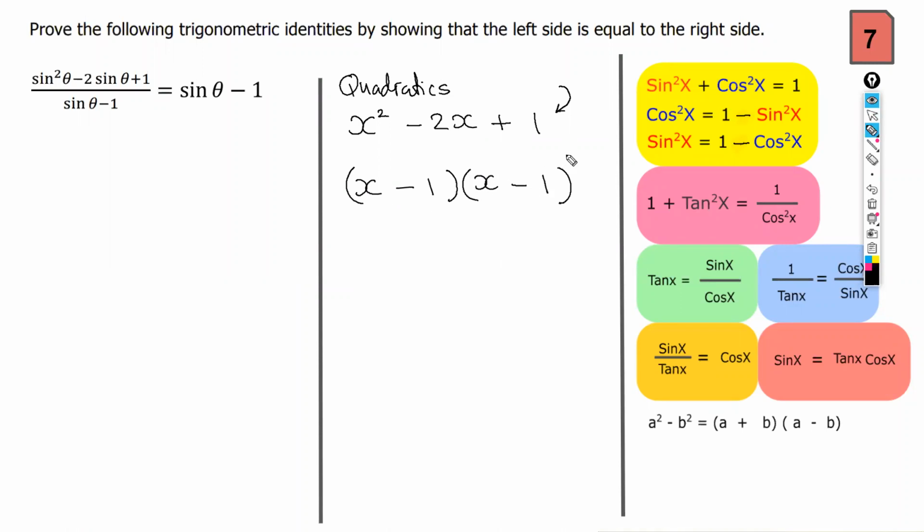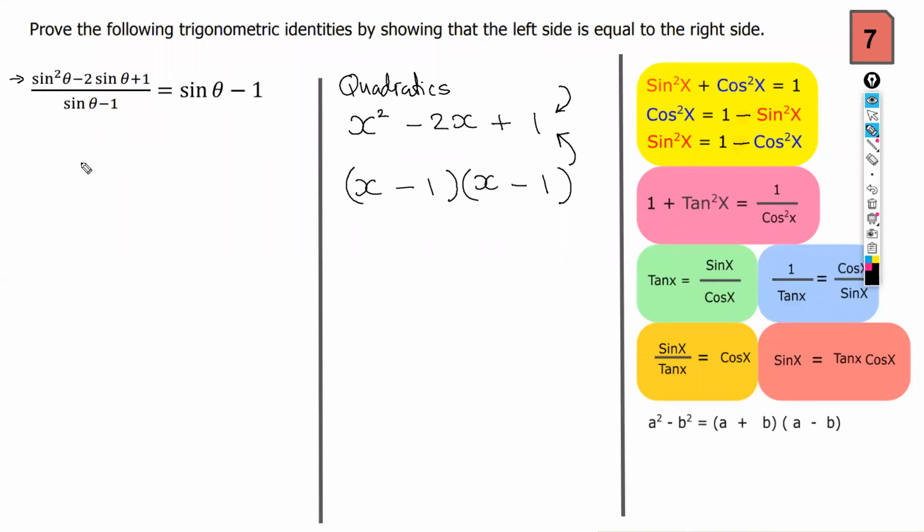If you multiply back the brackets, you'll get this exact same expression here. You will see a similarity between this question and this question here. This quadratic has x squared, but you realize this is the same format, but instead of x, it has sine theta. It says sine theta squared minus sine theta.